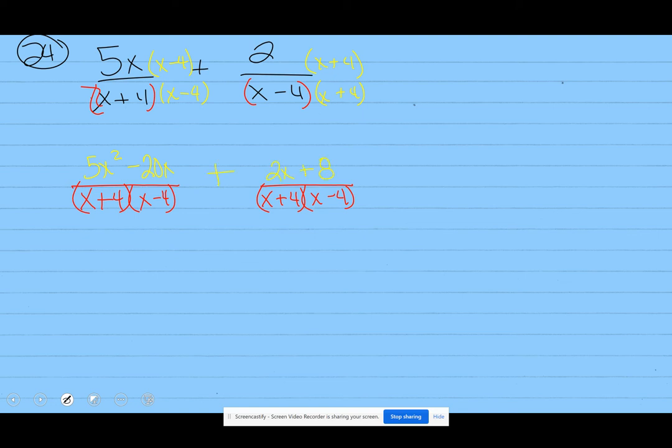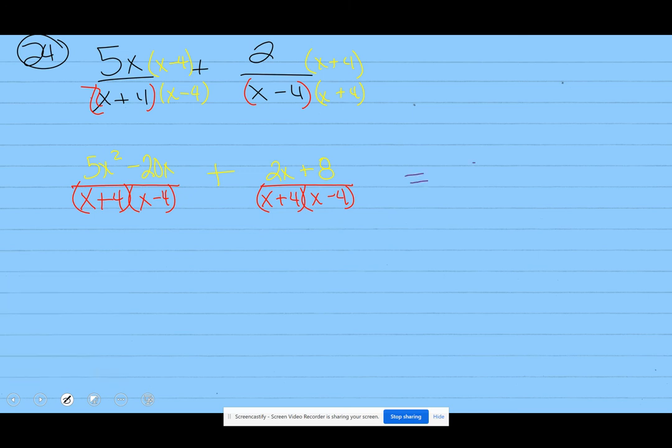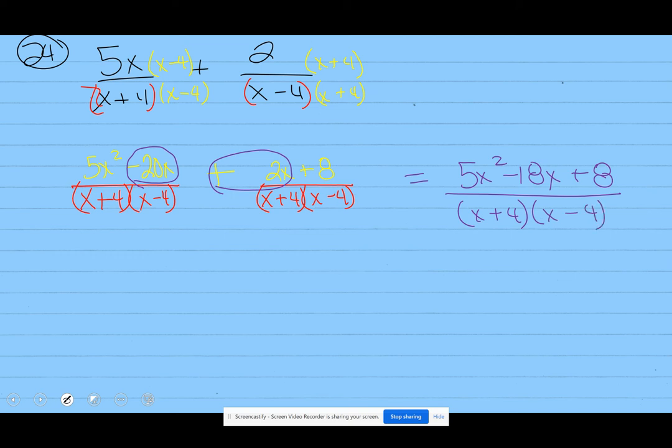I'm just distributing. And now I can add these together. And when I add them together, I get 5x squared minus 20x plus 2x would be a minus 18x plus 8. This does not factor, and that is my answer.